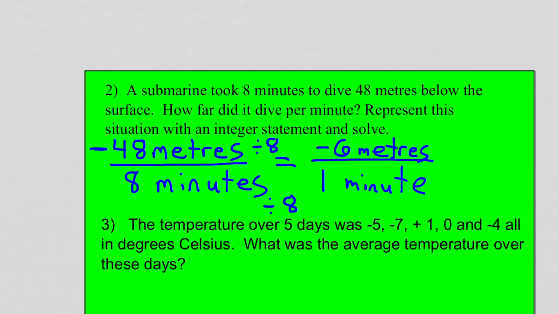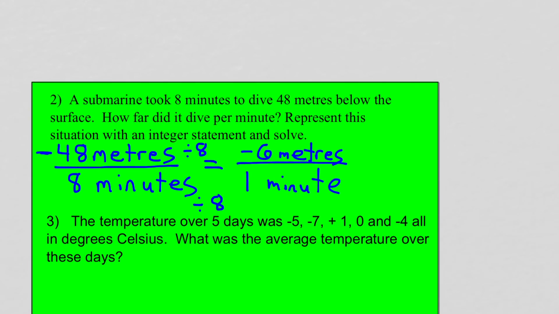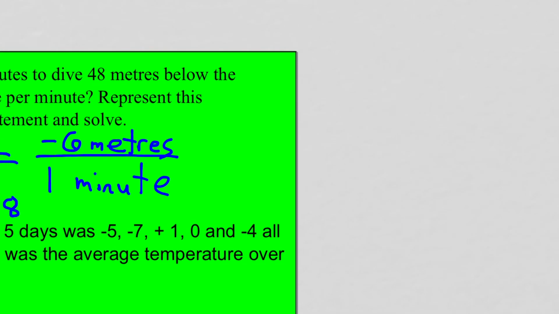So that's how I would represent that situation with an integer statement and solve. Negative 48 divided by positive 8. And then how far does it dive per minute? It dove 6 meters per minute.